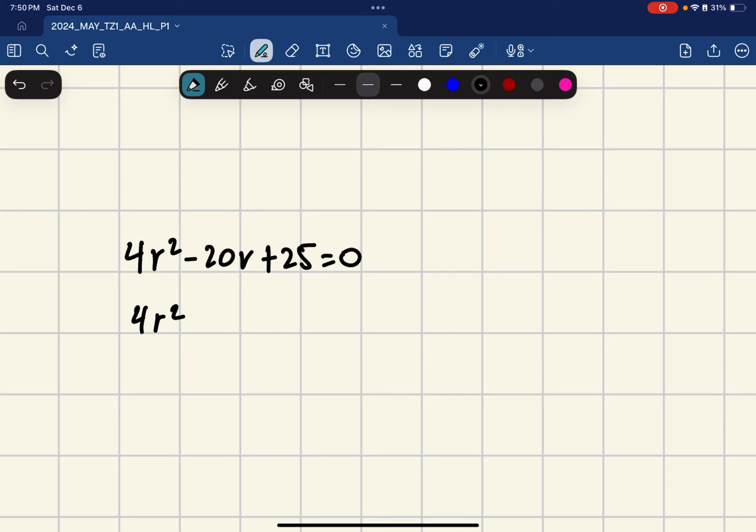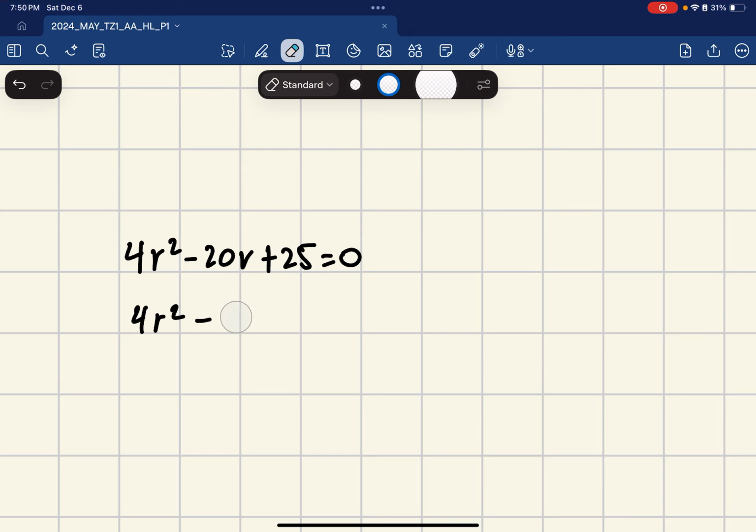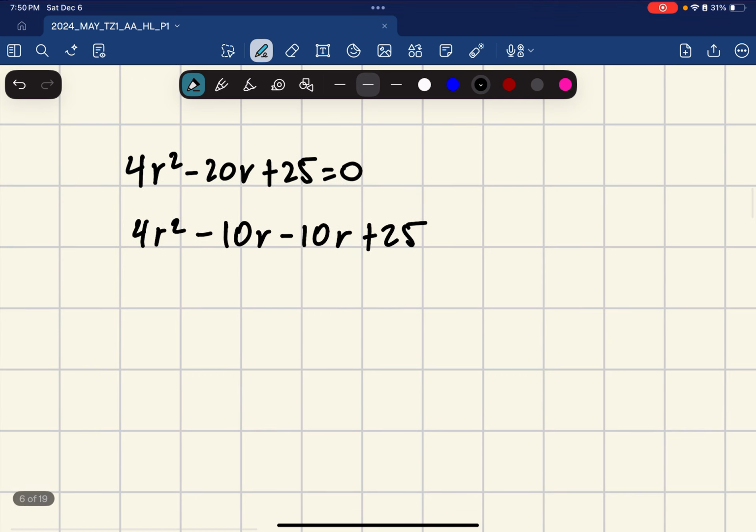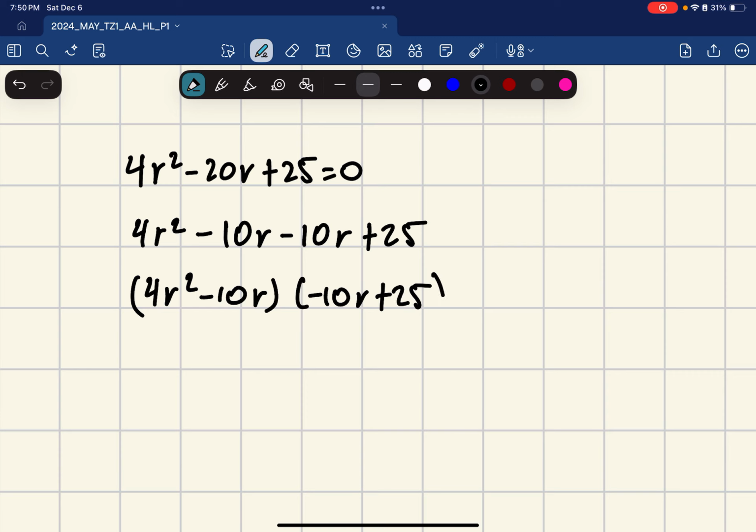I can factor it into negative 10r minus 10r plus 25. Yes, I can split it into two, so I end up with 4r squared minus 10r, and then negative 10r plus 25.